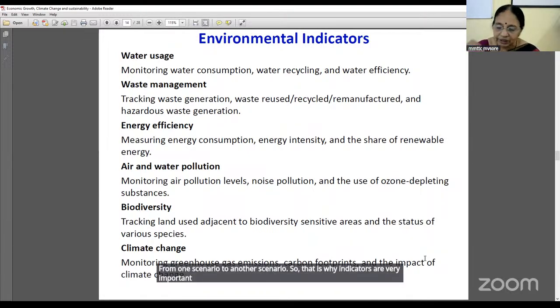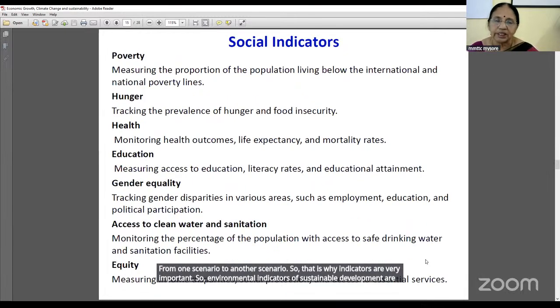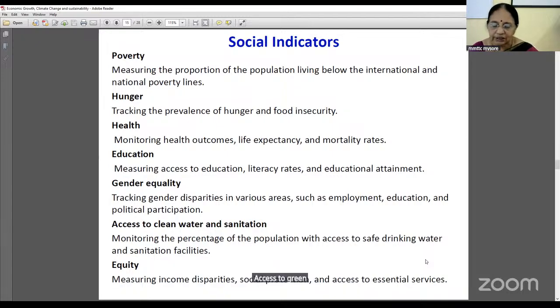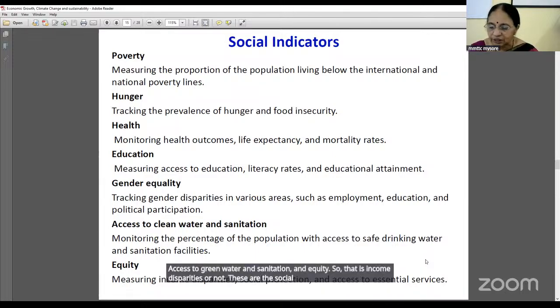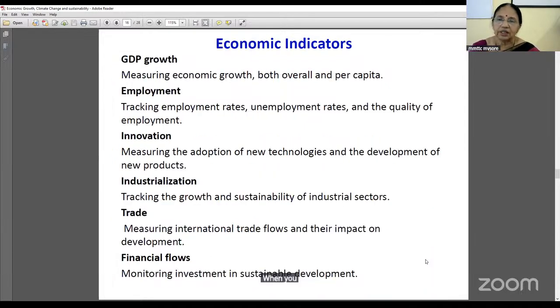The environmental indicators of sustainable development are these, whereas the social indicators are poverty, hunger, health, education, gender equality, access to clean water and sanitation, and equity. That is income disparities, and these are the social indicators. I am sharing the PPT. You can read it at peace later also.